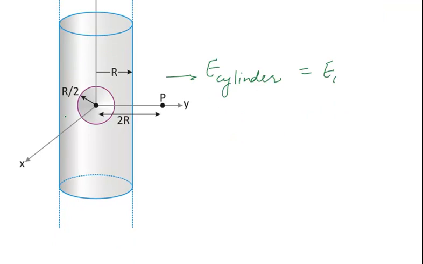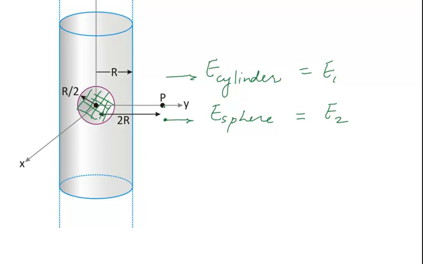And the other case, in which we will find out the electric field at point P due to the presence of charge in this portion. If the cavity is filled with this much charge, and there is no cylinder present, then only due to the charge present in this sphere we have to find its electric field at this point, which we call E2.